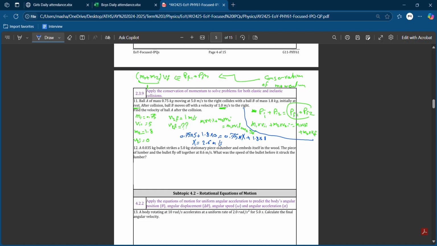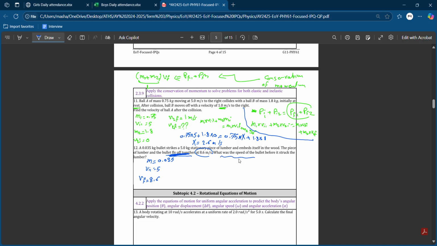For question 12, 0.35, he gave us the mass. Okay, don't forget to keep the units in kilograms. He gave me the speed, V1 initial, 5 kilogram stationary piece of lumber, and the bullet embeds itself in the wood. The piece of lumber and the bullet fly together, so he gave me they are stuck together, which is V final equal 8.6.